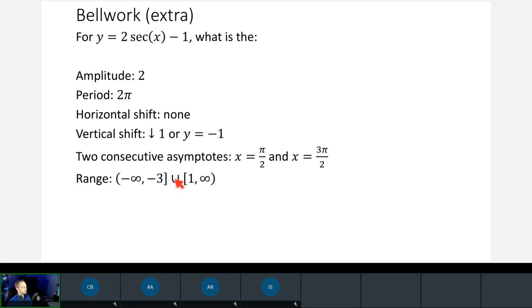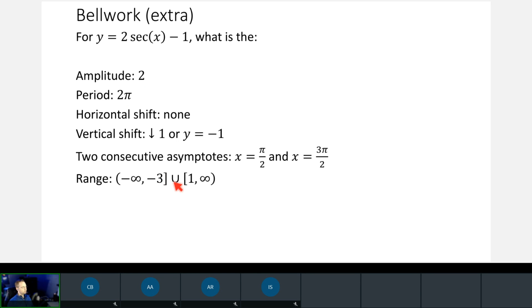I'm going to tell you if there is a horizontal shift. I'm going to tell you if there is a vertical shift and how many. I'm going to give you the period. And I am not going to give you the amplitude because you can derive the amplitude from the range.